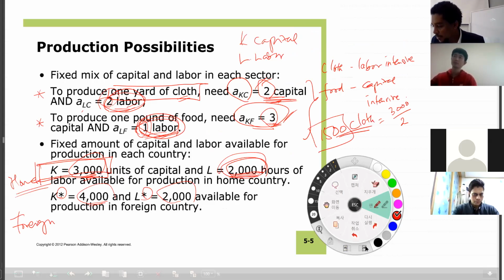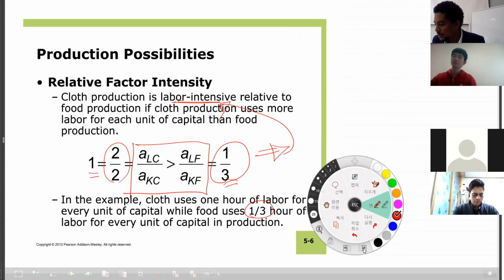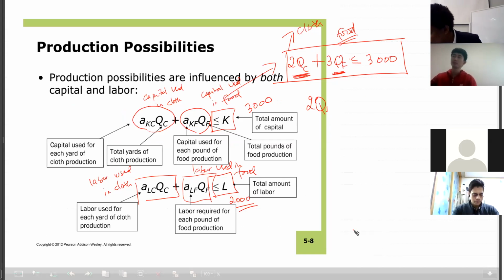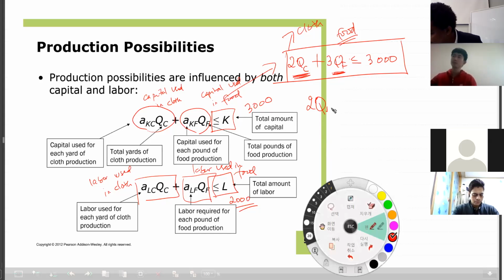So this means 2 times quantity of clothes, plus for food we require only 1 unit of labor, so 1 times quantity of food, QF itself, should be less than or equal to 2,000, right?